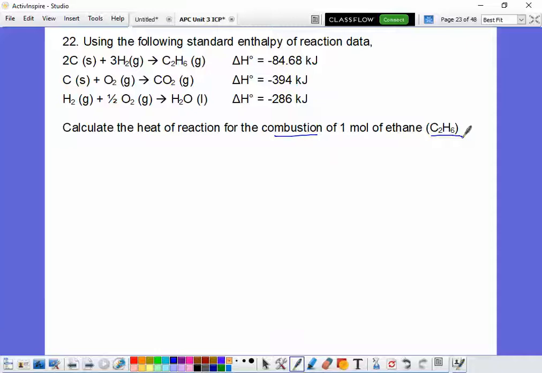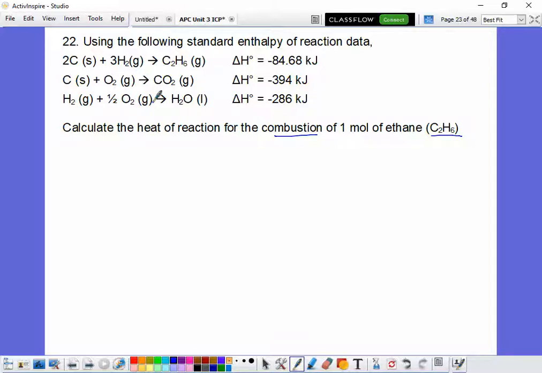Sometimes you're given extra information to then write the goal equation, like we did here. You should know that a combustion reaction is the reaction of some substance, in this case ethane, with oxygen gas, the products being carbon dioxide and water. So as you're writing your goal equation, you can use these substances to tell you what the states of matter are going to be.